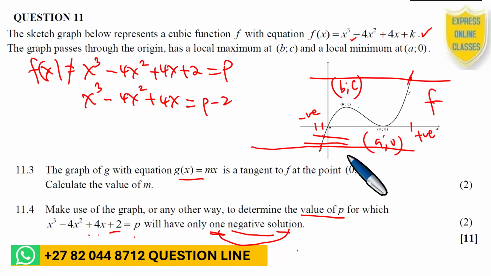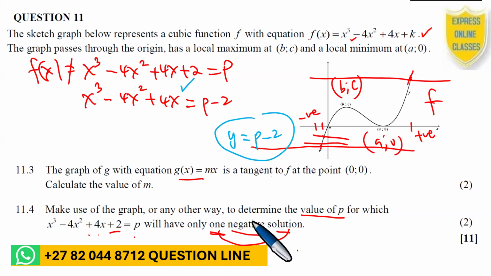So this is the cubic graph given, which is the original. And then you have another one, which is y equals p minus 2. The p minus 2 graph must intersect once so that we have one solution, but it must be a negative solution, meaning the x value must be negative.